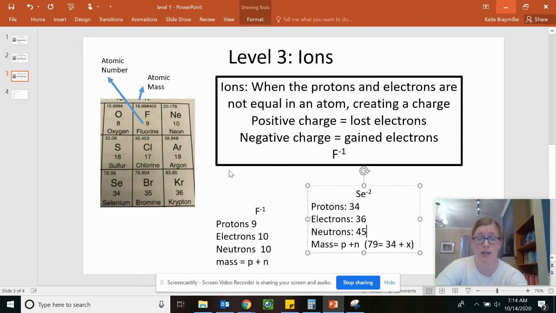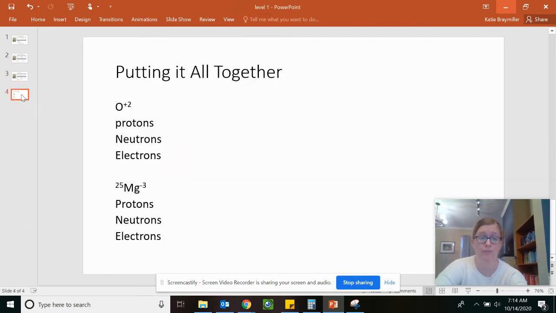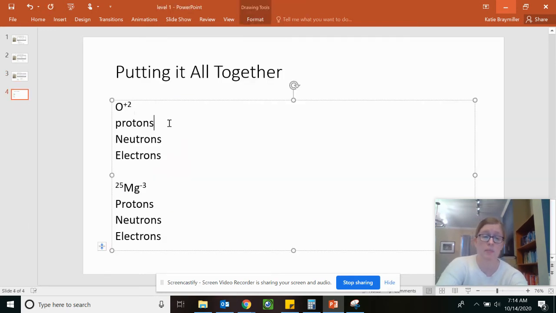Let's try 2 more examples putting this all together. Let's look at this example. Oxygen plus 2. Please try this now by pausing the video and turn it on when you're ready to see the answers. Oxygen should have 8 protons because the atomic number is 8. On the periodic table, the mass of oxygen is 16.